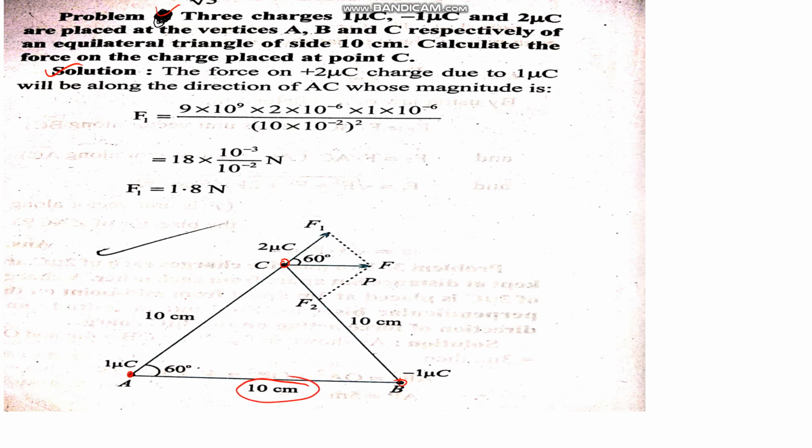The length of each side is equal in an equilateral triangle, that is here given 10 centimeter. Now we have to find the resultant force, or calculate the force on the charge placed at point C.